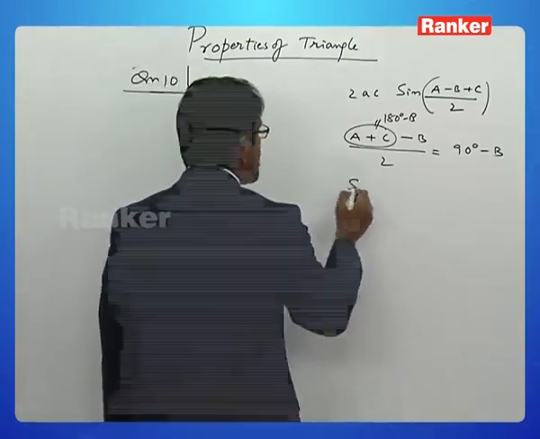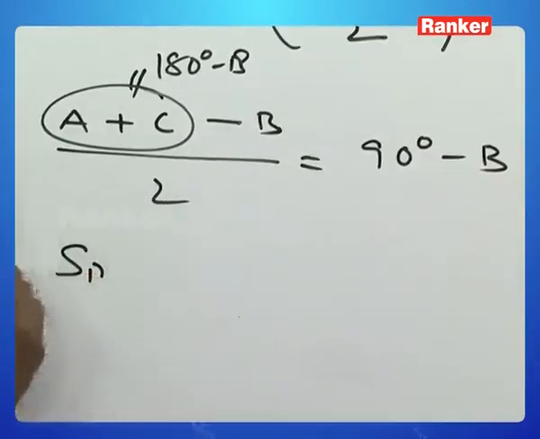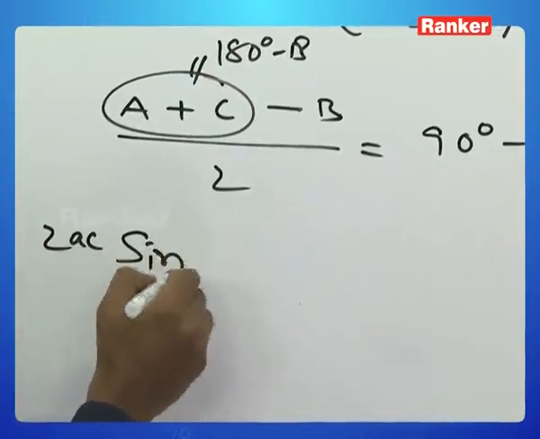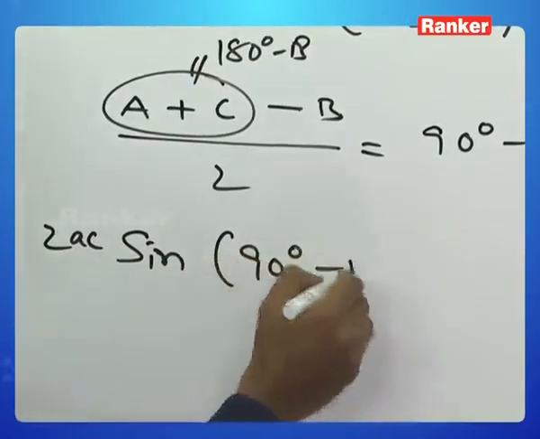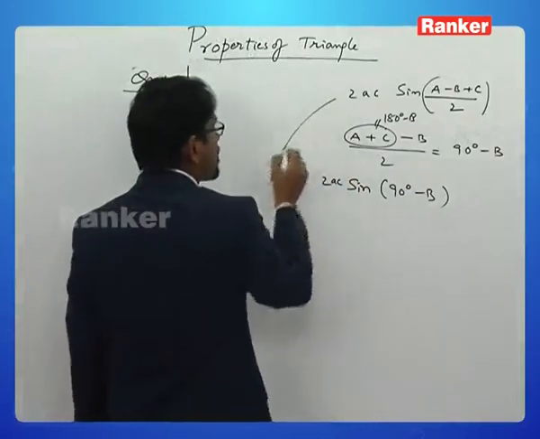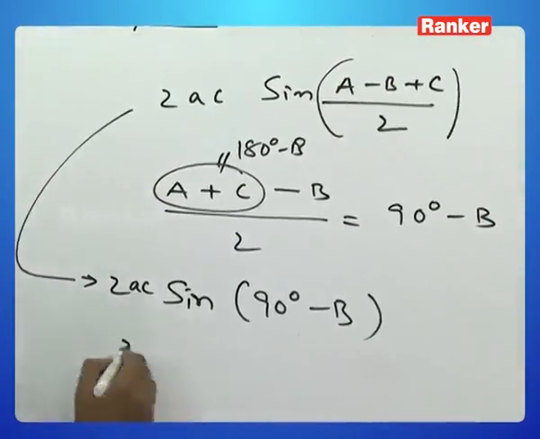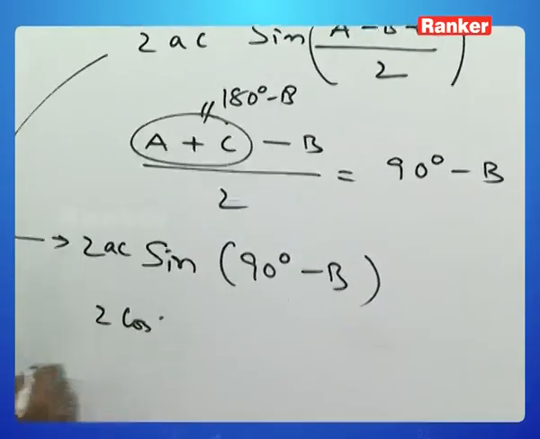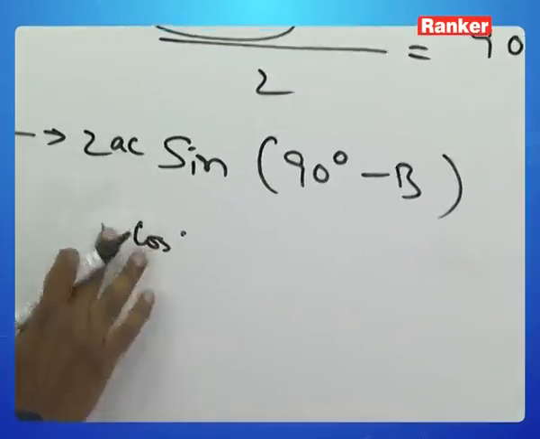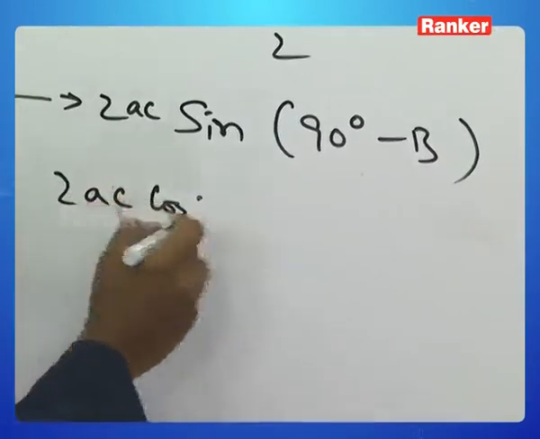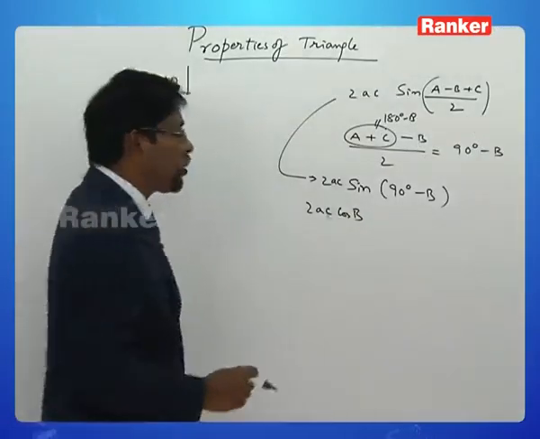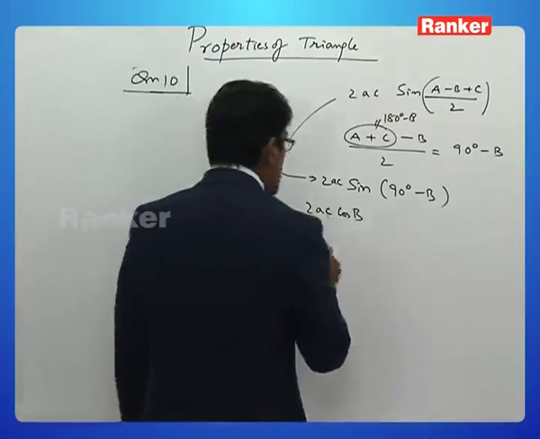So what you wanted is 2AC into sine of 90 minus B. This is what is asked for. So what is that? 2AC, this is 2AC cos B. But what is cos B? Let's use the cosine rule formula.